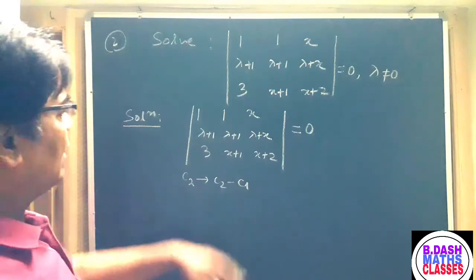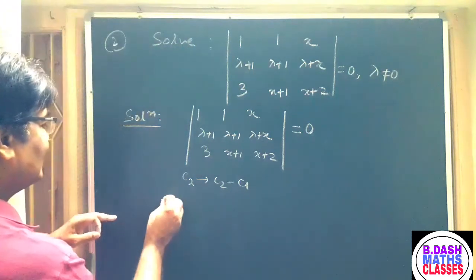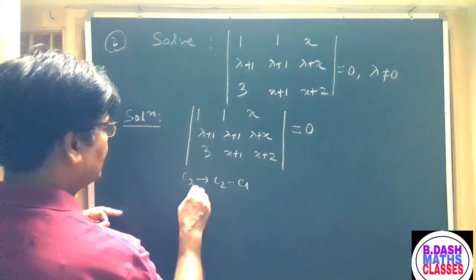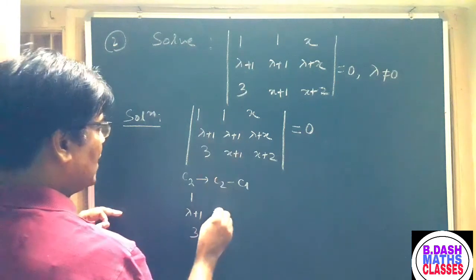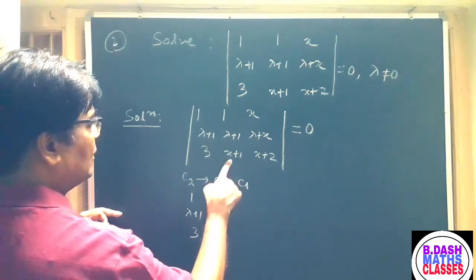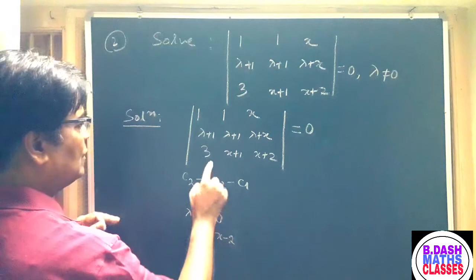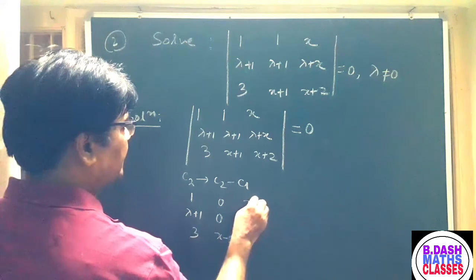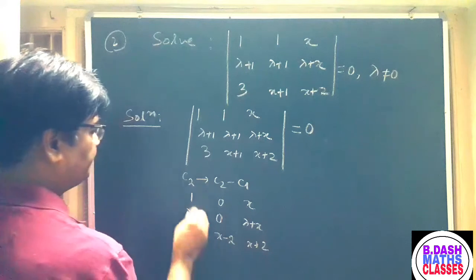So let us replace column 2 by column 2 minus column 1, so that this determinant will give us the first column remaining as such, no change. 1 minus 1 is 0, lambda plus 1 minus lambda plus 1 is 0, x plus 1 minus 3 is x minus 2, and x plus 2.